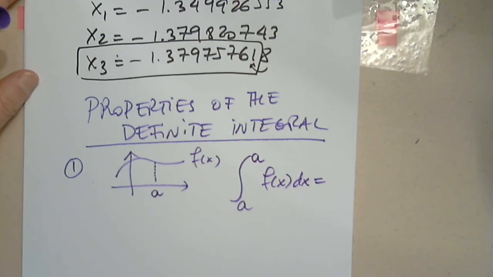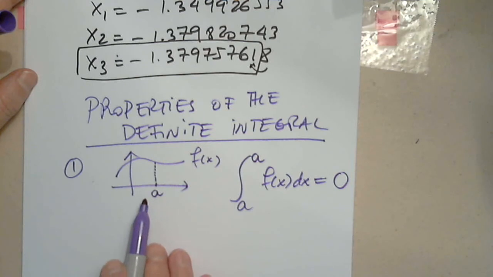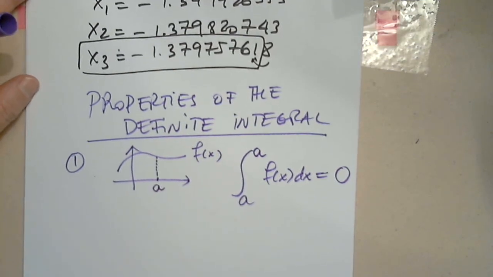What could that be? The area under the graph between a and a. Do we have an answer? Well, since there is no width of the interval, the answer is 0.